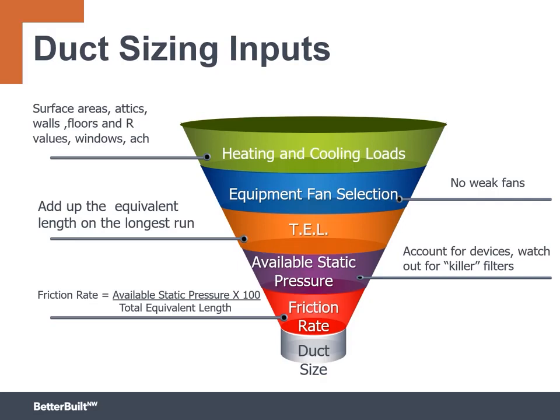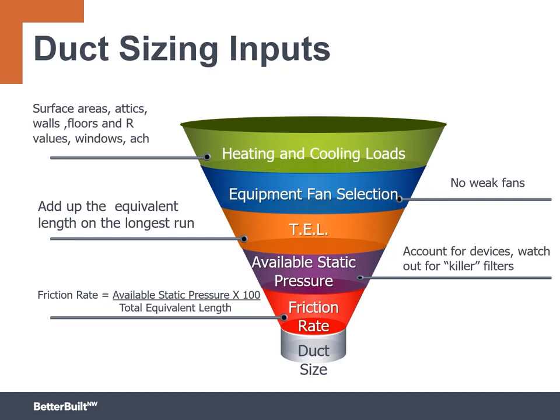When we get that done, we have to calculate the available static pressure. Quite simply, that's the amount of static pressure left to push the air through the ducts after such devices as return grills, supply grills, filters, and air conditioner or heat pump coils. After we have that, we can finally calculate what is known as the friction rate.